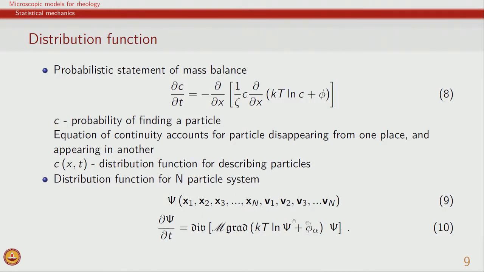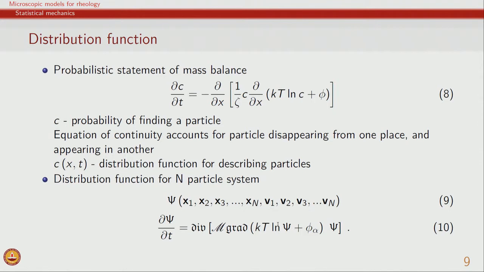So, the evolution of psi happens in 6N dimensional space, and this evolution equation describes this gradient and divergence in that phase space. Of course, this is much more complicated than the simple diffusion equation that we have seen earlier, because there we deal with 3 dimensional physical space, and this is phase space.